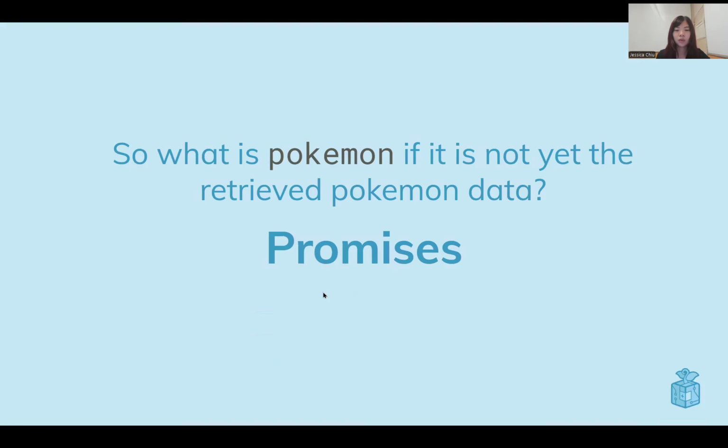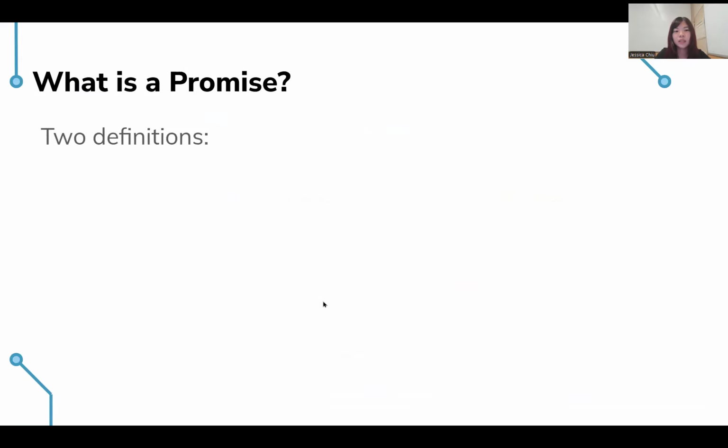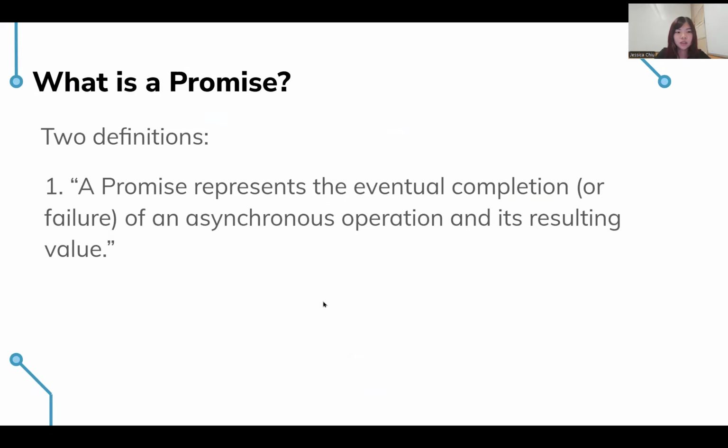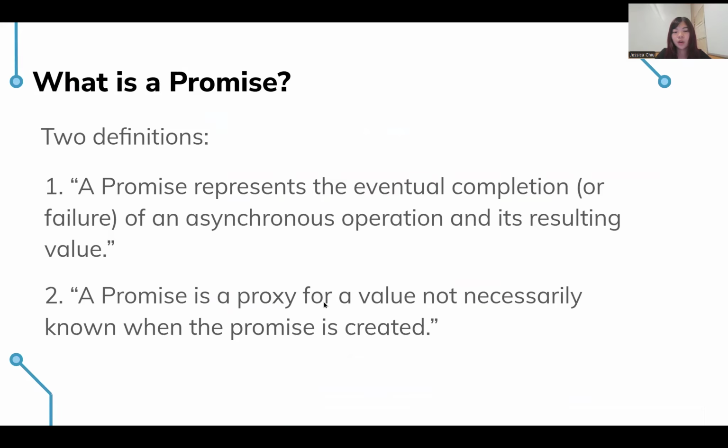So what is Pokemon if it's not yet retrieved the Pokemon data? What we call it is a promise. So what is a promise? There's two definitions. Number one, a promise represents the eventual completion or failure of an asynchronous operation and its resulting value.